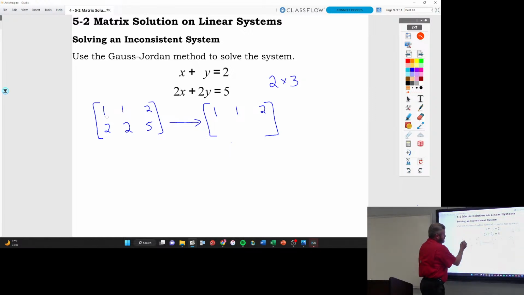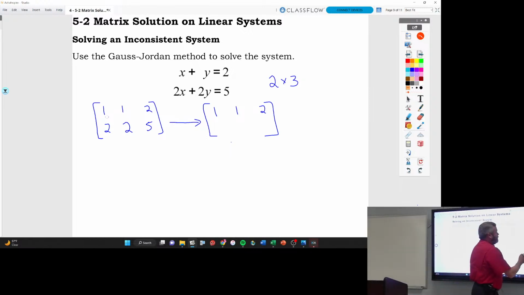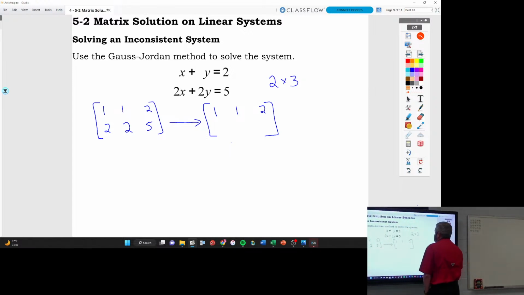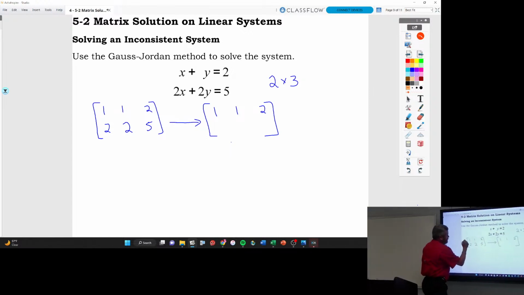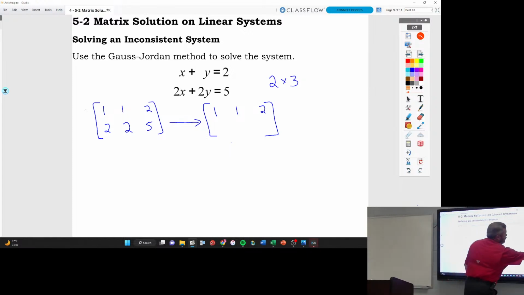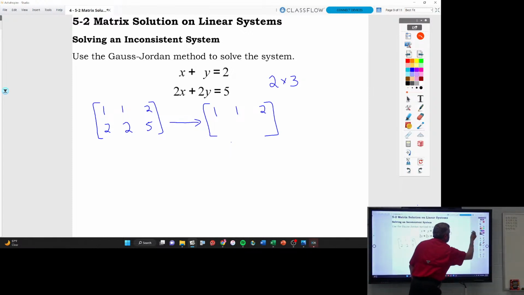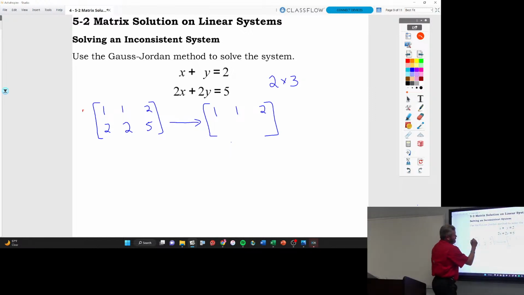To get rid of that 2 in row 2, column 1, I need a negative 2 up at the top. So I'm going to take a negative 2 and multiply row 1 by negative 2.